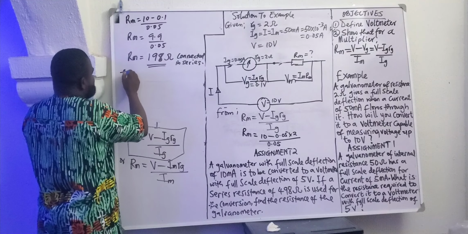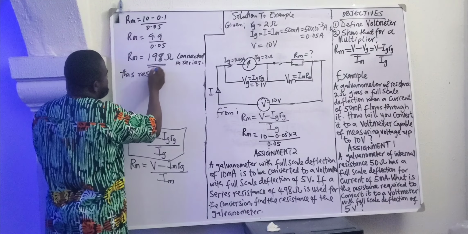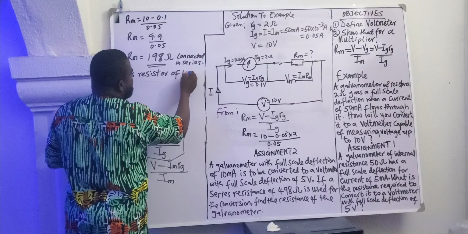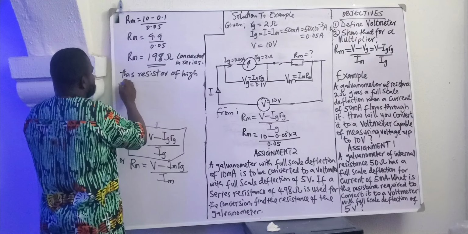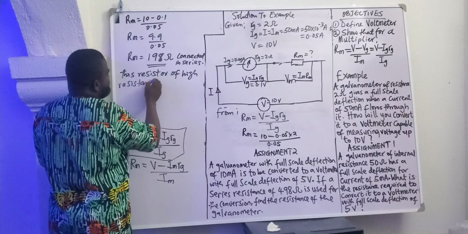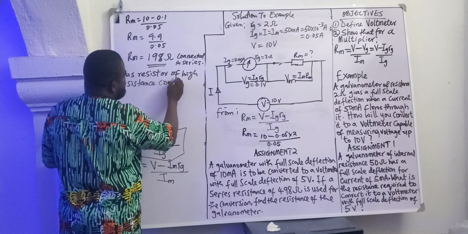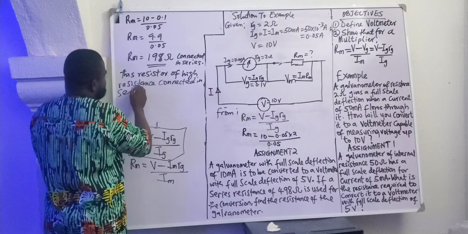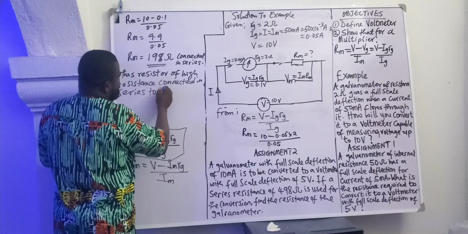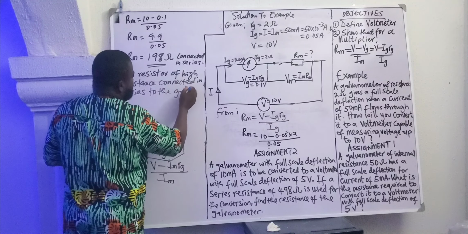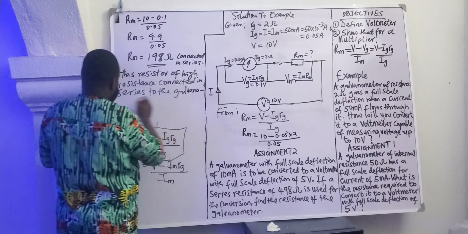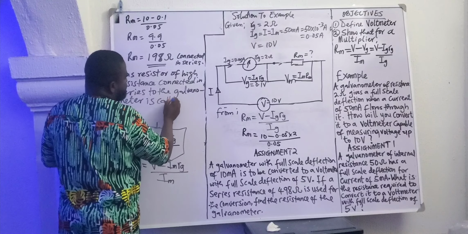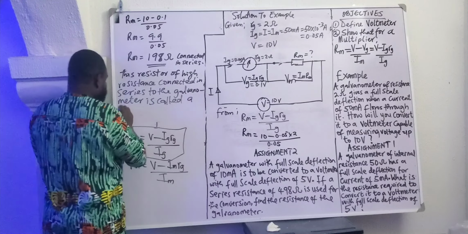So I said this resistor of high resistance connected in series to the galvanometer or milliammeter is called a multiplier.